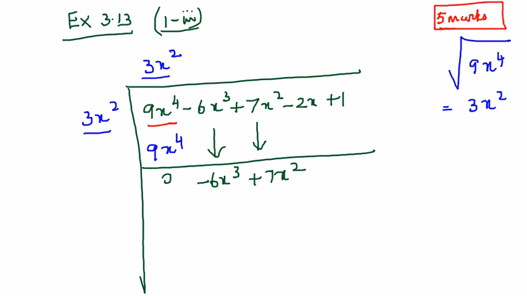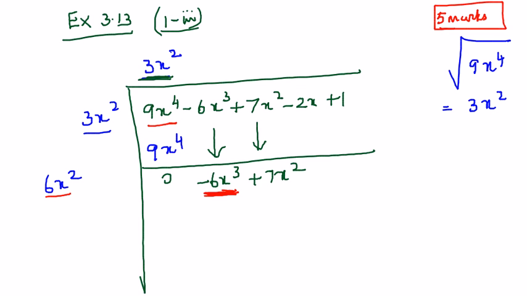Before we further continue, the next step is whatever you have in the quotient, you multiply that by 2. The quotient has 3x squared, so I multiply that by 2 and I get 6x squared. Once you get 6x squared, you divide the first term here, not the whole thing, just the first term, with whatever you have here.